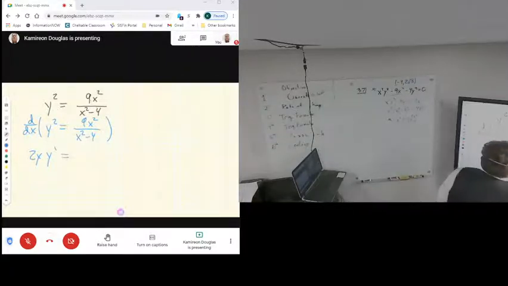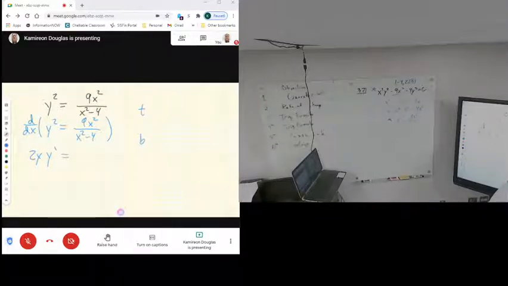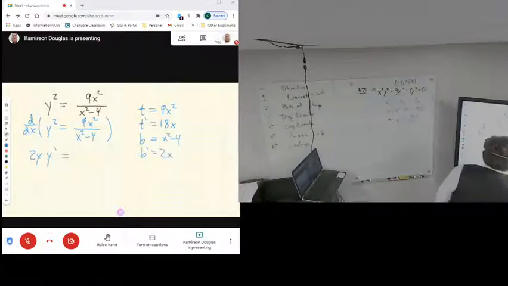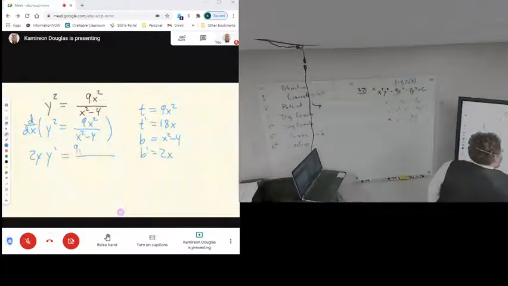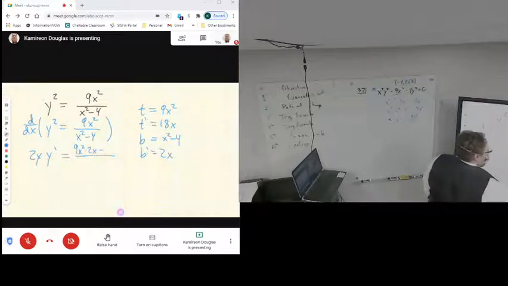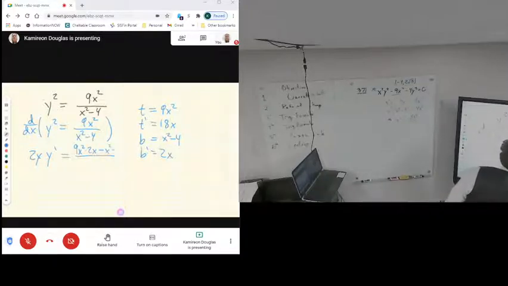On the right-hand side, I have a quotient rule, so I have the top and the bottom. The top is 9x squared; its derivative is 18x. The bottom is x squared minus 4, so the bottom's derivative would be 2x. All right, so I do the quotient rule now: 9x squared times 2x minus x squared minus 4 times 18x.